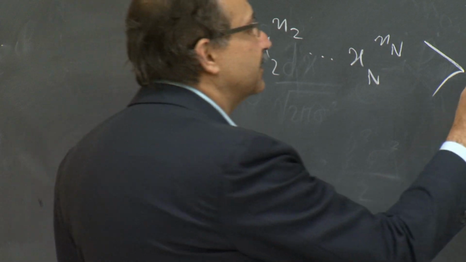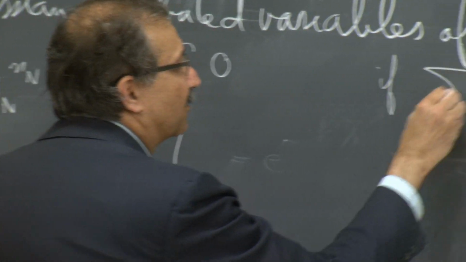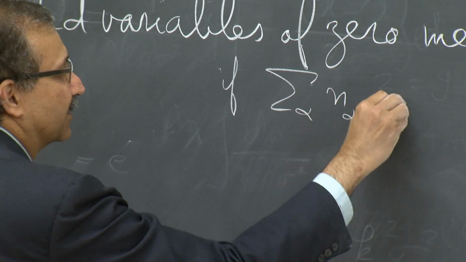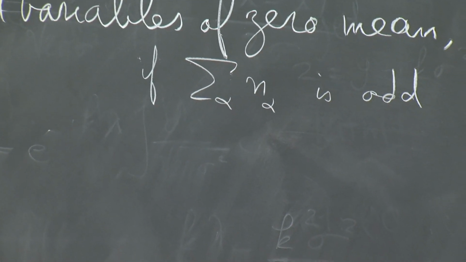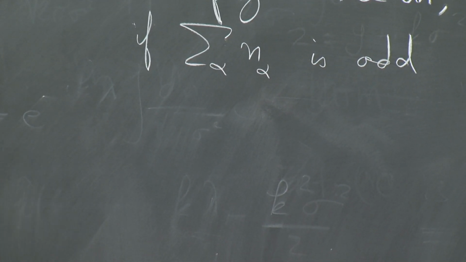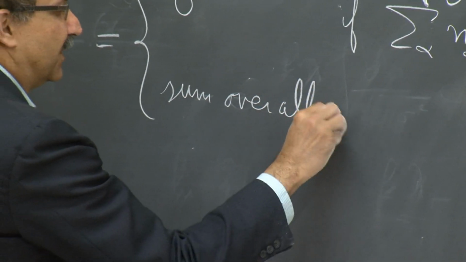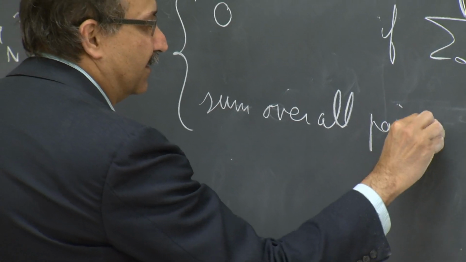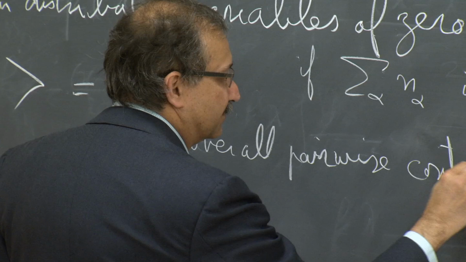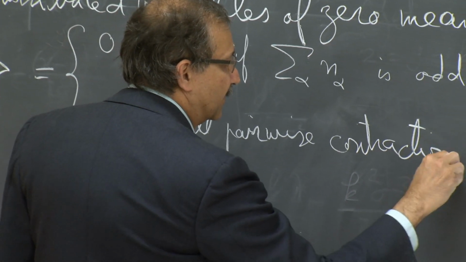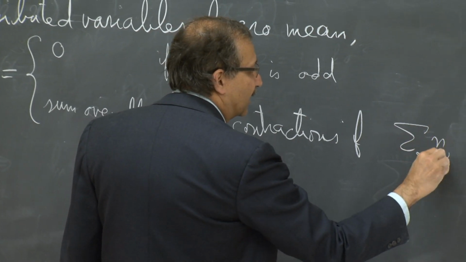And this is 0 if the sum over alpha of n_alpha is odd, and is called the sum over all pairwise contractions if the sum over alpha of n_alpha is even.